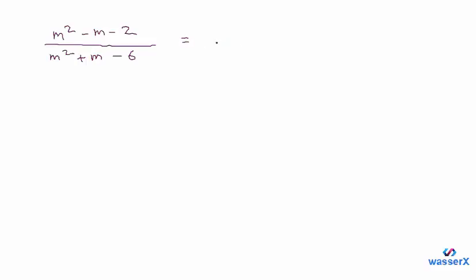So this is equal to m squared on the top. Now we need to find two numbers that add up to negative 1 and that multiply to give us negative 2 times 1, which is negative 2. And obviously our two numbers would be negative 2 and positive 1. So we have negative 2m plus m minus 2.